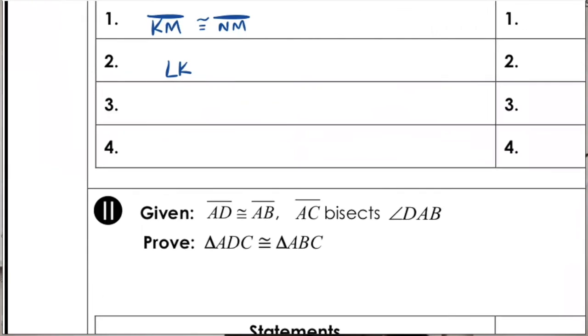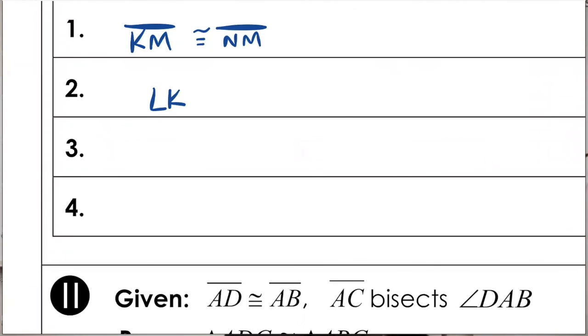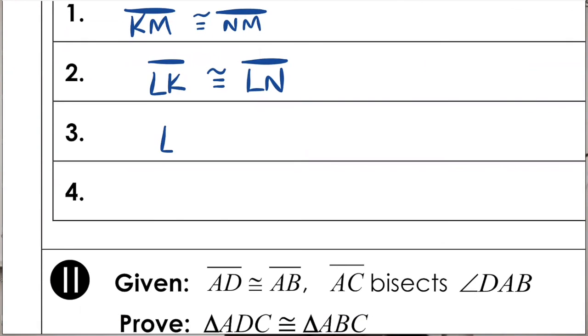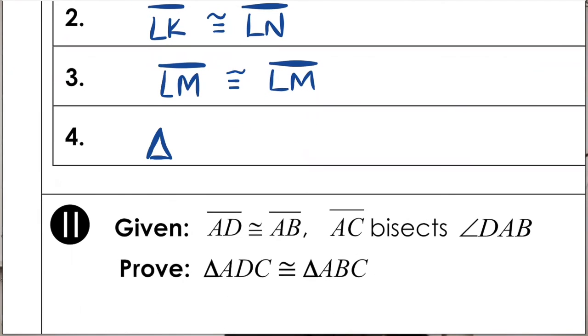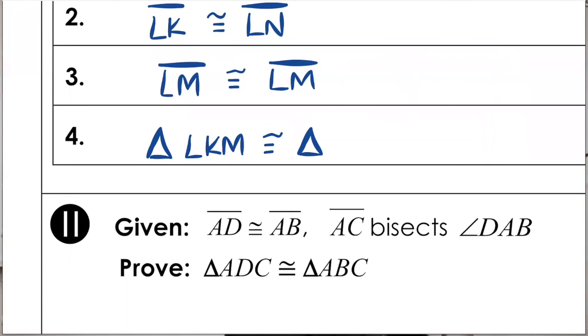LK is congruent to LN. LM is congruent to LM. And triangle LKM is congruent to triangle LNM.